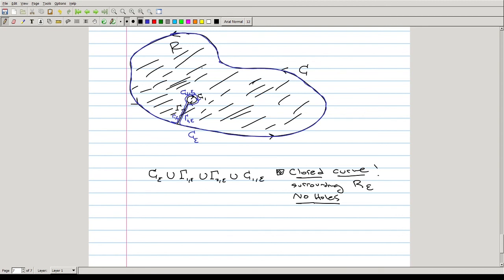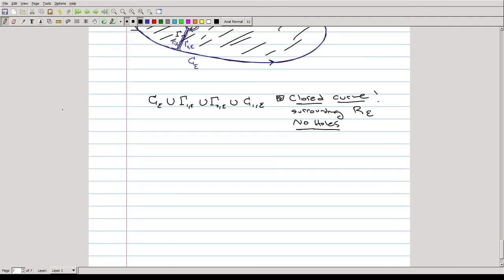Now, if you consider all of this space right here, there's no holes in this region that's surrounded by this blue curve. And therefore, we can apply Green's theorem to this region right here.